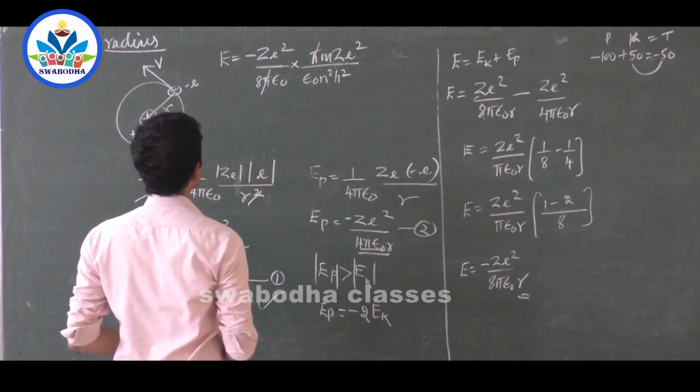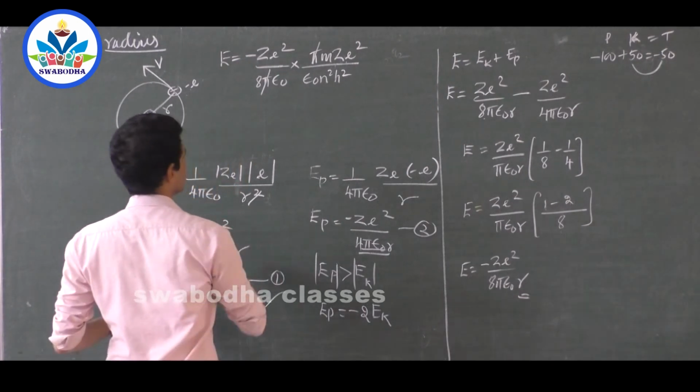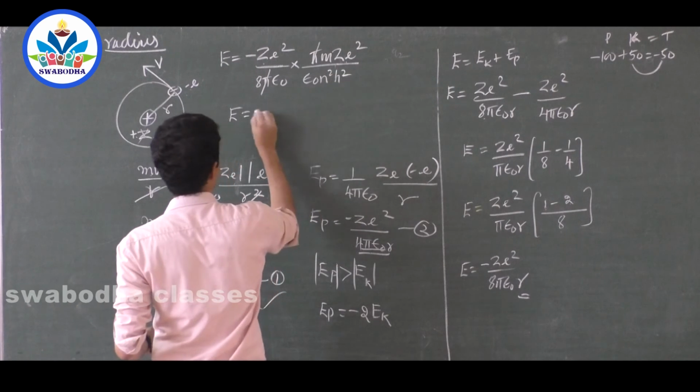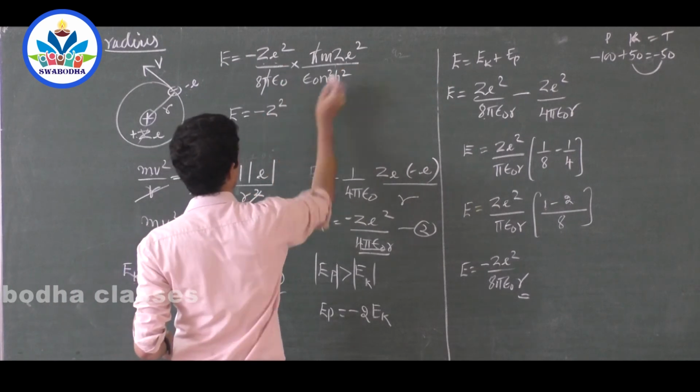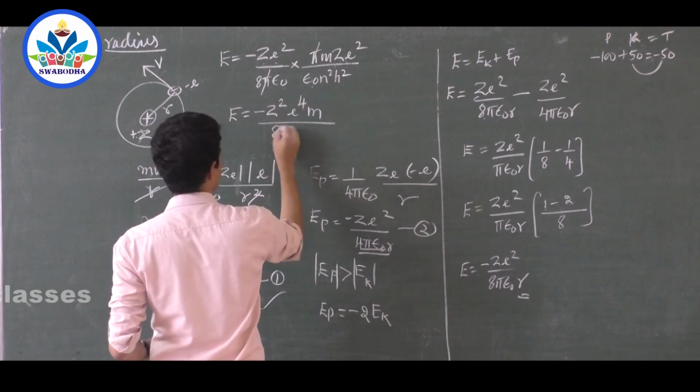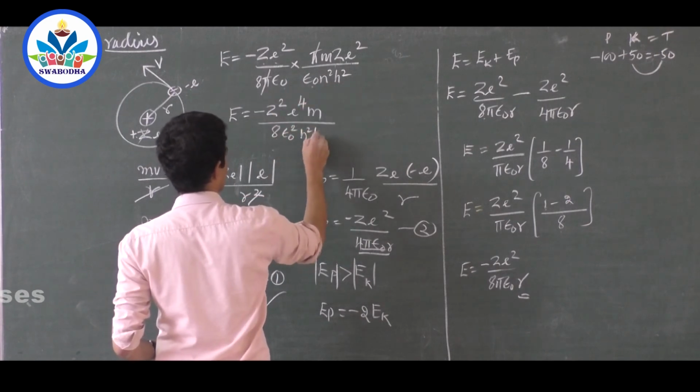So the total energy is equal to minus Z squared e to the power 4 m divided by 8 epsilon naught squared n squared h squared.